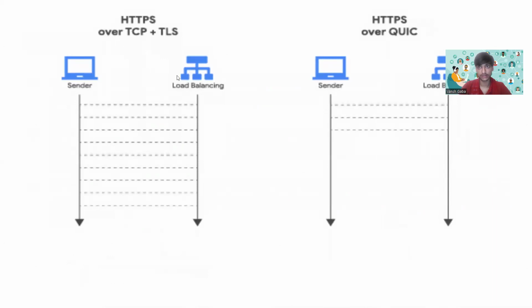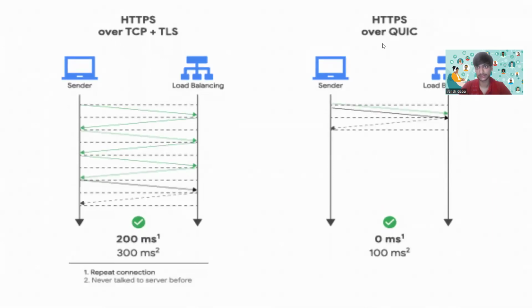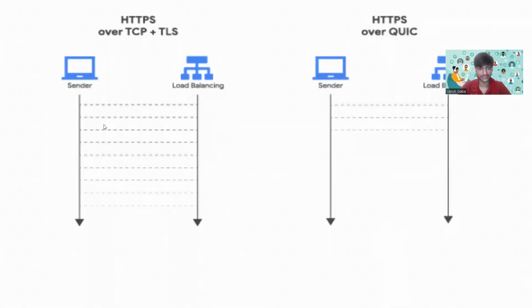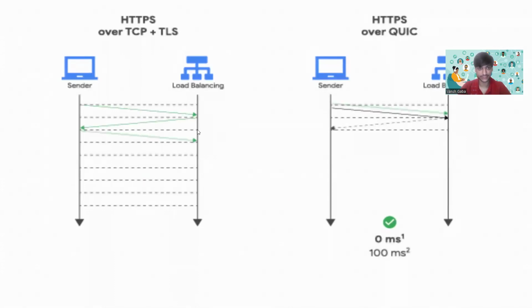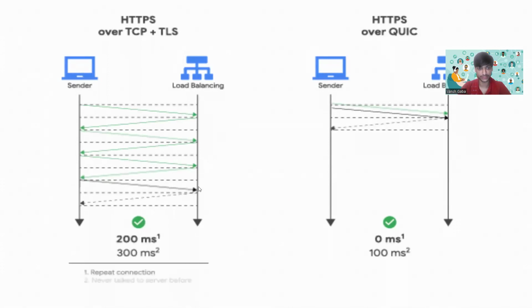So in this, you can see an HTTP request with the transport layer protocol TCP and an HTTP request with the transport layer protocol QUIC. Here you can see it taking multiple handshakes to establish a connection before sending data. But in the case of QUIC, it is very different.